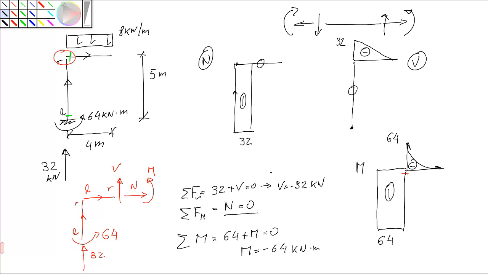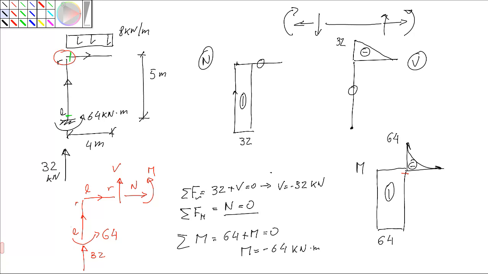If I look at moments, since this distance is very small, I only have the moment, so 64 plus M, which means M is equal to minus 64 kilonewton meters. So let's go back to the diagrams.